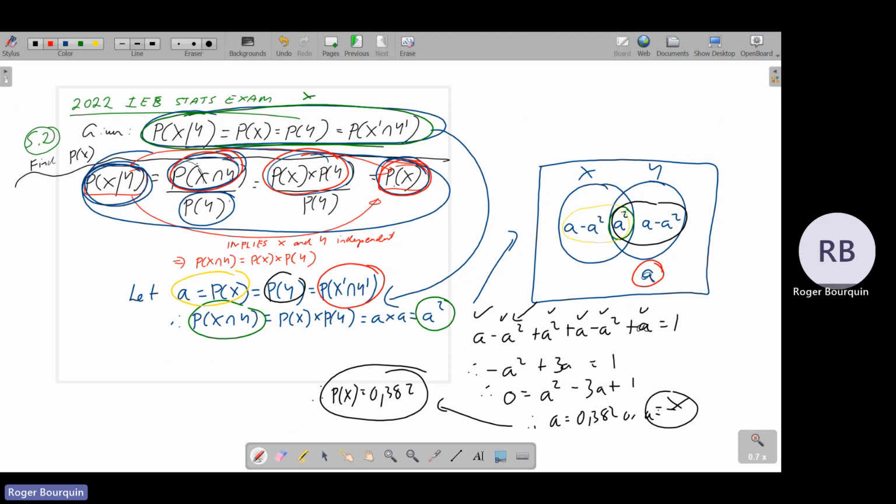So in general, if the probability of X given Y is equal to the probability of X, it means that the events are independent.